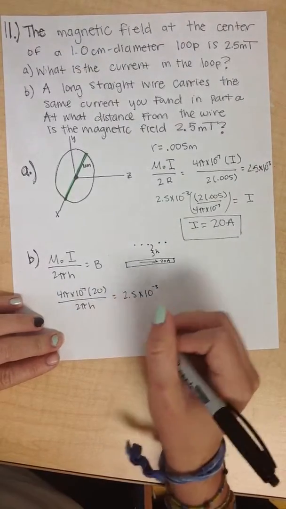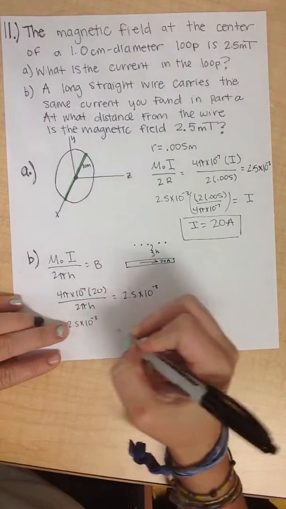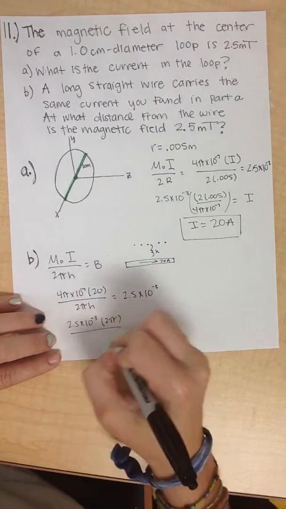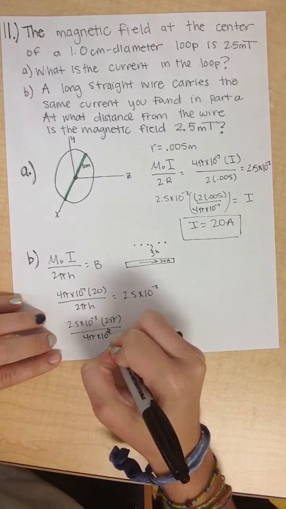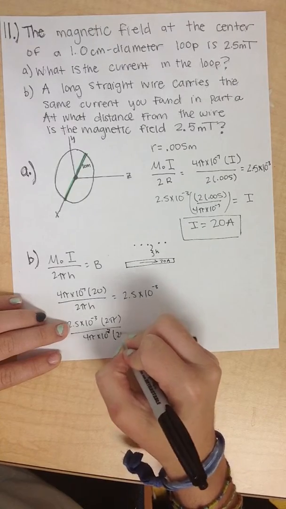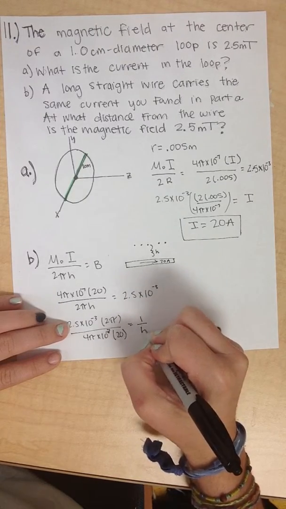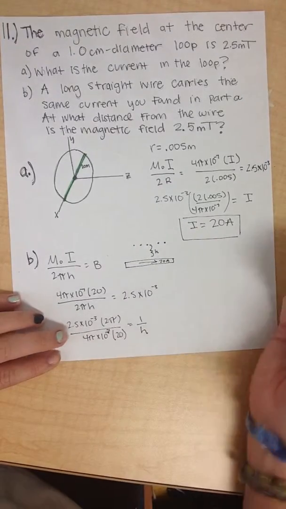So if we solve this, it'll be 2.5 times 10 to the negative 3rd times 2 pi over 4 pi times 10 to the negative 7th times 20 equals 1 over h. So then we just have to inverse this in order to get it.